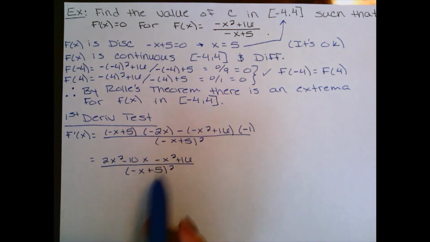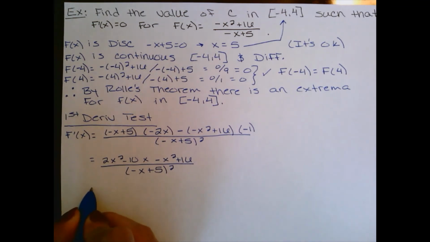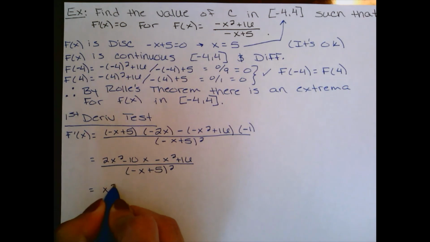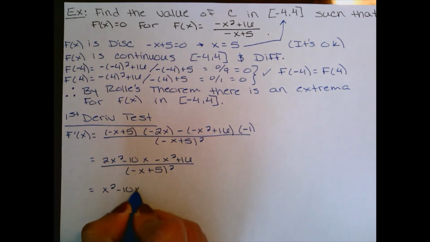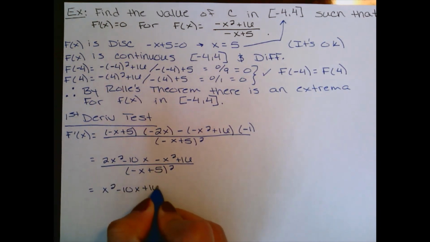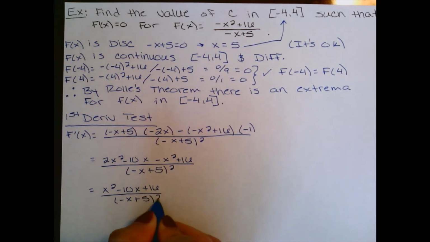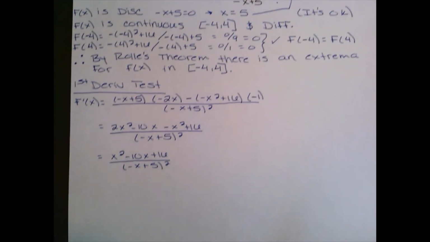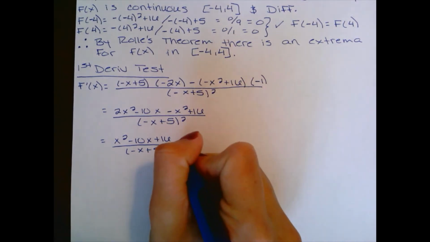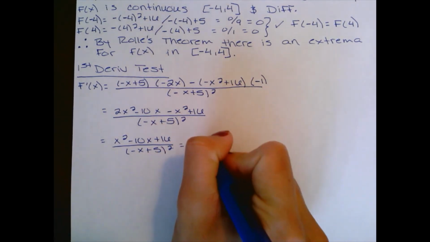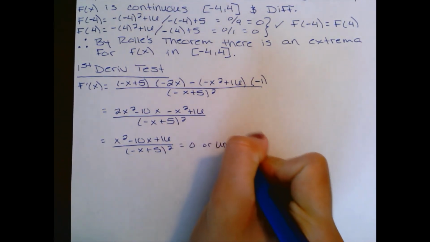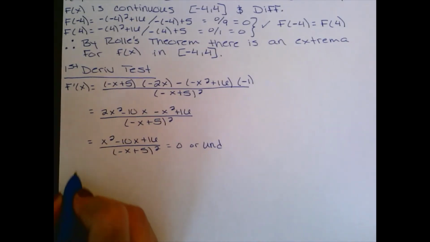And I'm going to combine like terms and clean one last time. All right, so now that I've cleaned up my derivative, I'm going to set it equal to 0 or undefined.